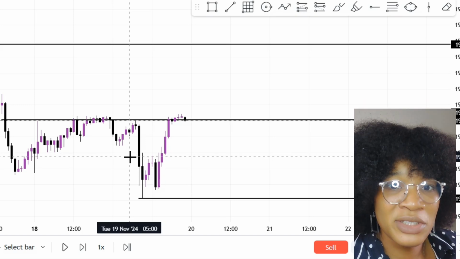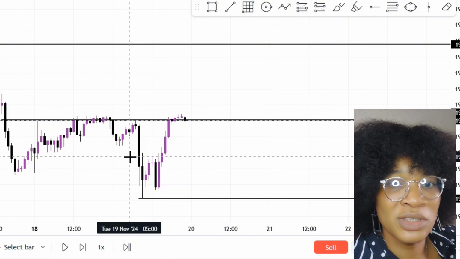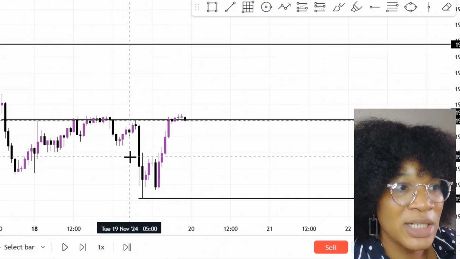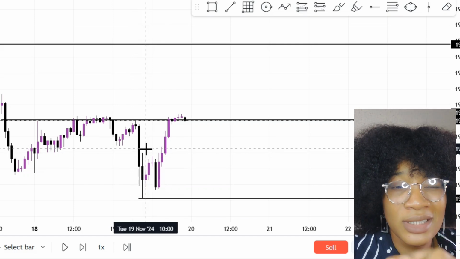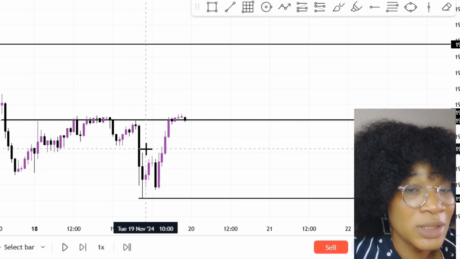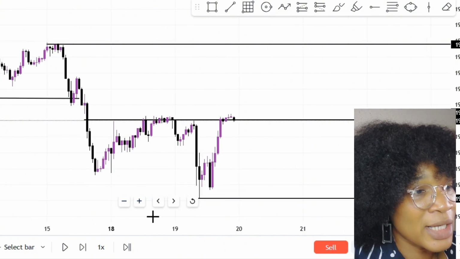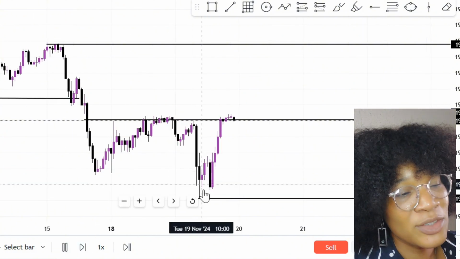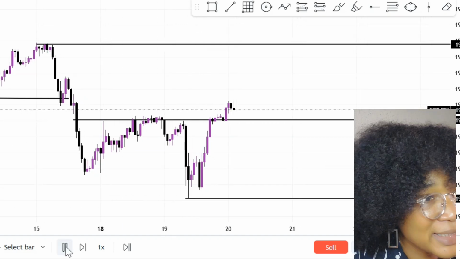Price is actually looking for a retracement. Price is actually looking for a way to correct its movement and then continue in the original movement, which is a sell trend. So if you are looking for a sell here at a discount level, you're going to get stopped out. You're going to lose money, and of course that's not what you want, right? So you can see price is actually coming here. It took out that fair value gap, even though this is an order block right here.